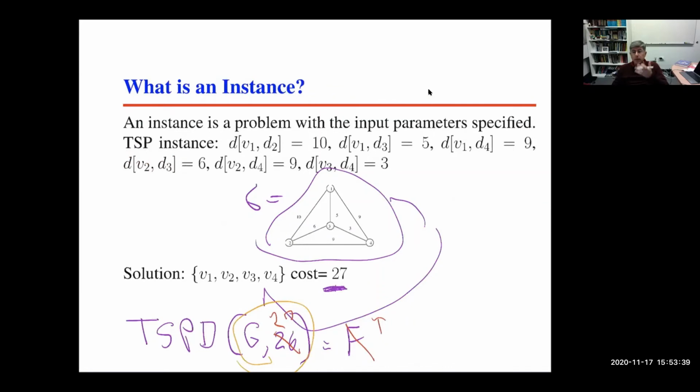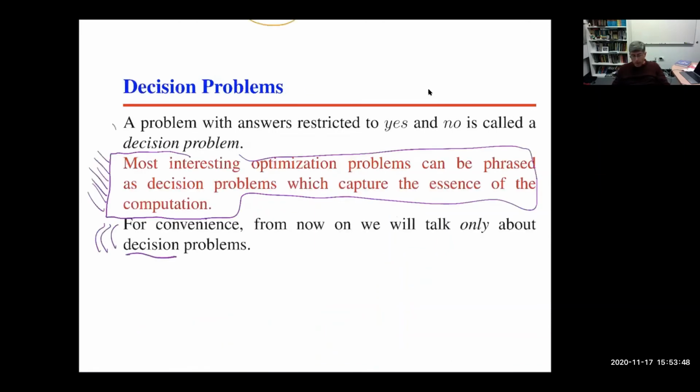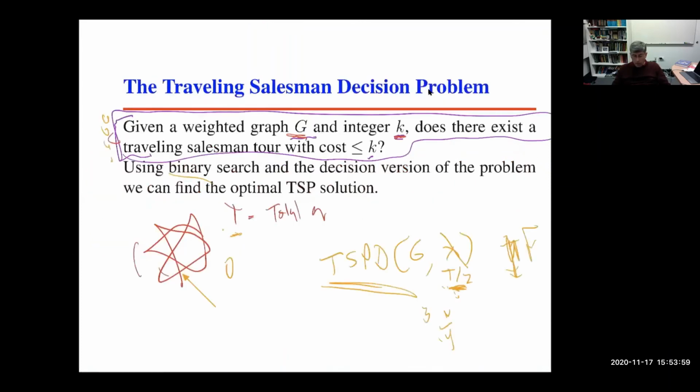A particular instance is a particular input, a data instance. The theory of NP completeness is going to deal with yes, no, true, false, Boolean problems. But as I will argue here, almost any interesting problem can be expressed as a decision problem. So we're going to be interested in that. Any questions about the reasoning here?